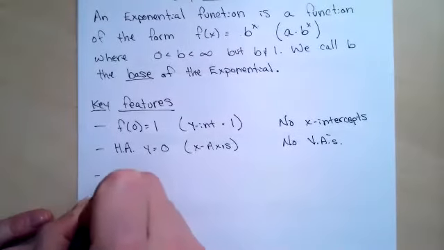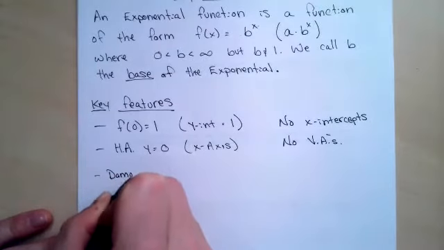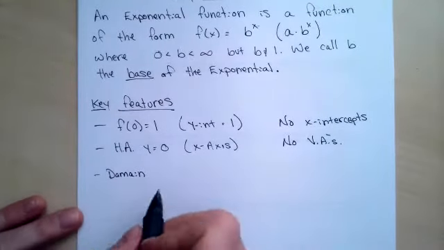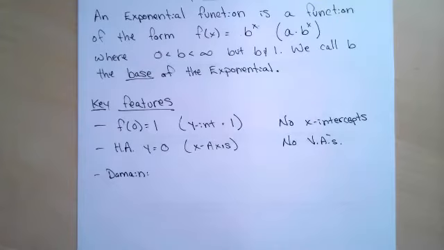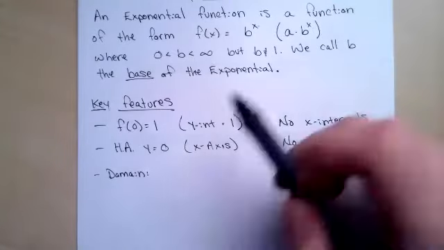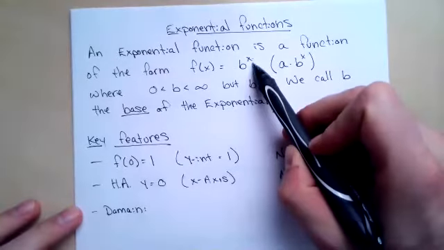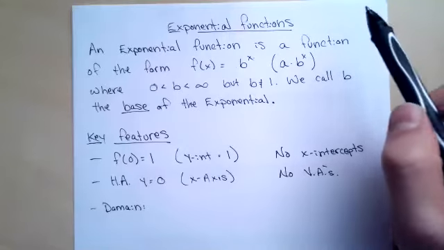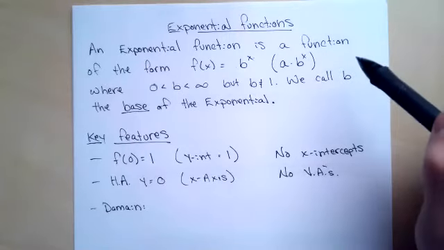The domain and range. So our domains, remember, are determined by throwing out numbers that will give us an improper mathematical operation. But here I'm just exponentiating. I'm putting my x's into an exponential, and I can have any exponent. So it doesn't matter.